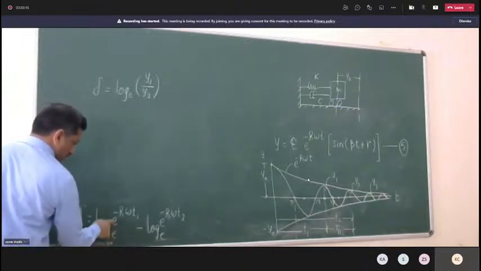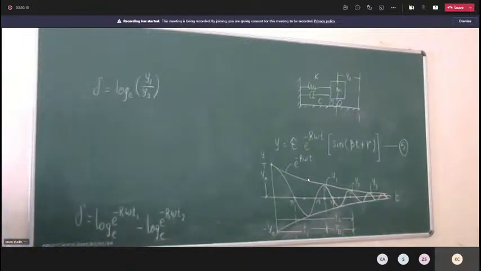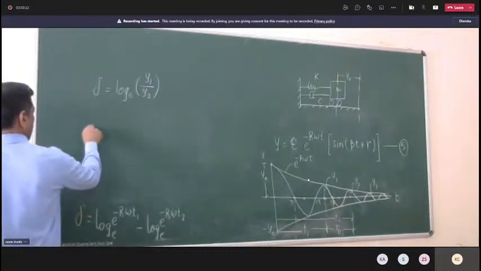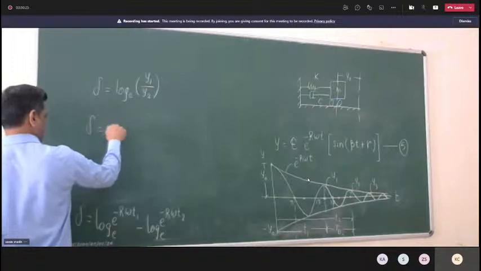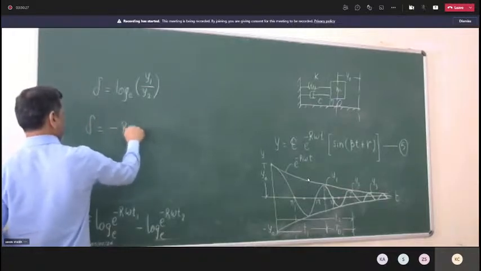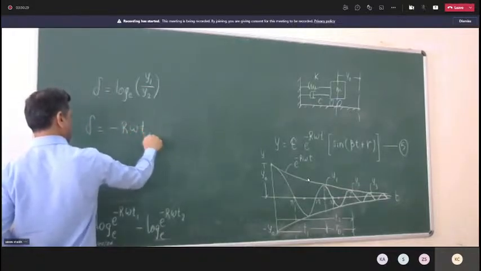Log to the base e raised to something is anti-log, so it will be simply minus r omega t1.